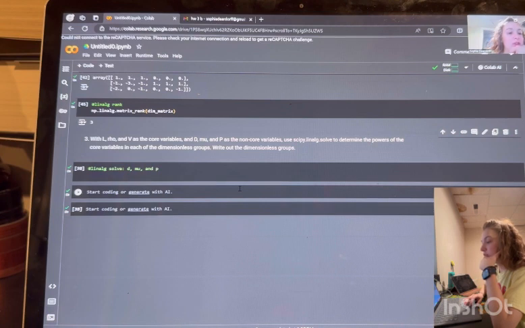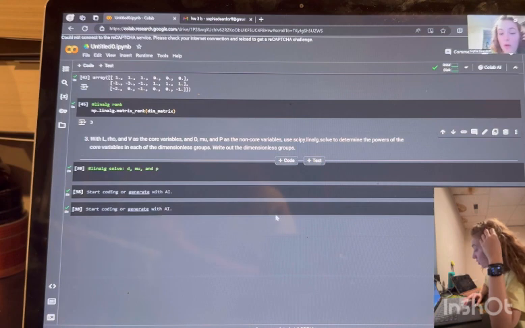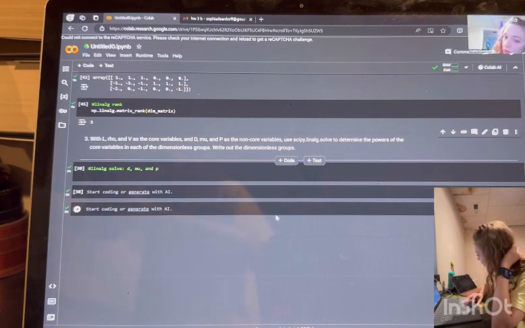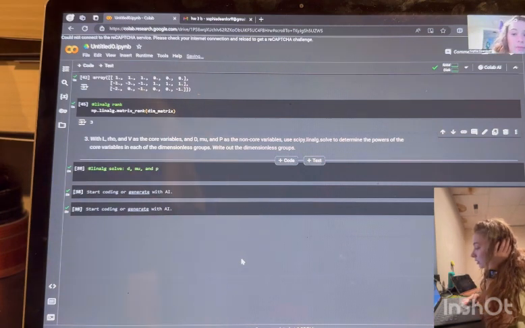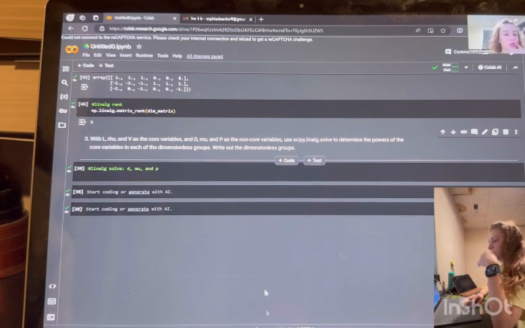Moving down to question 3, with L, rho, and V as the core values and D, mu, and P as the non-core, we'll be using the linear algebra solve to determine the powers of the core values in each of the dimensionless groups.